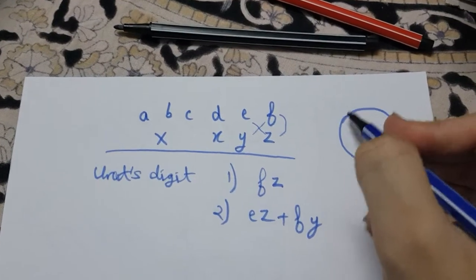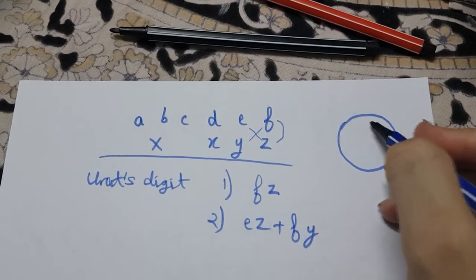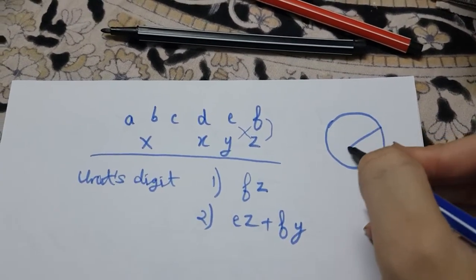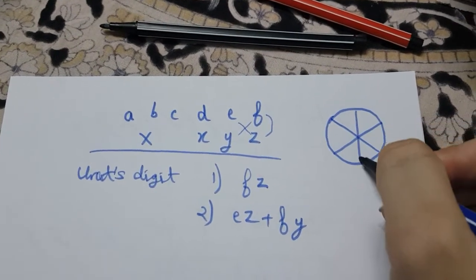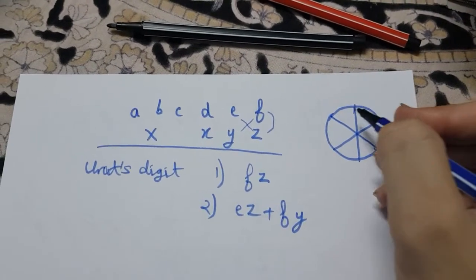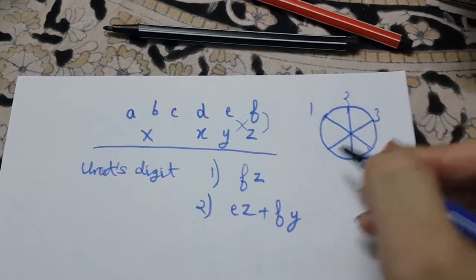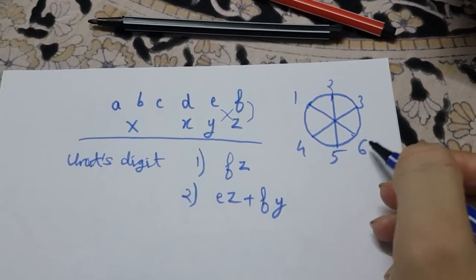Now let us draw one clockwise. Let us suppose this is 1 2 3, and this is 4 5 6.